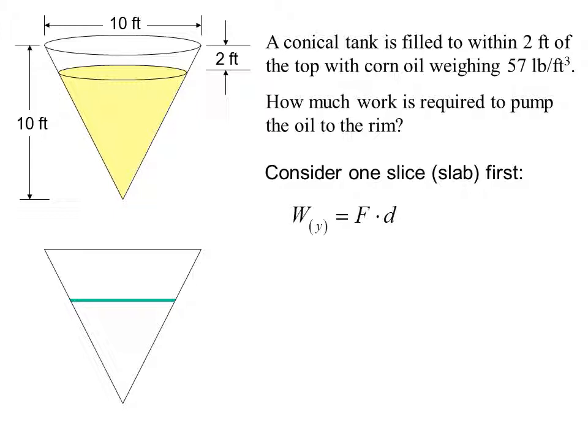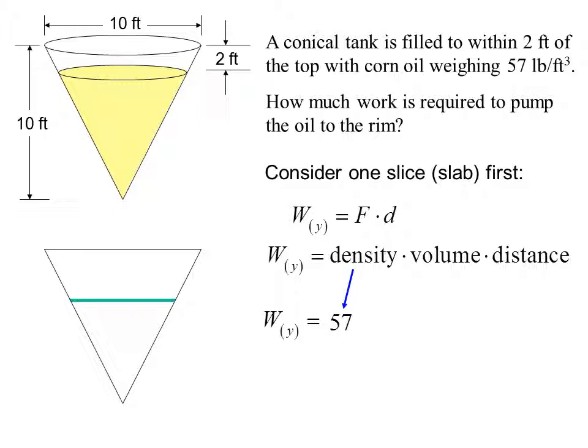Work equals force times distance, which is density times volume times distance. The density is 57 pounds per cubic foot.